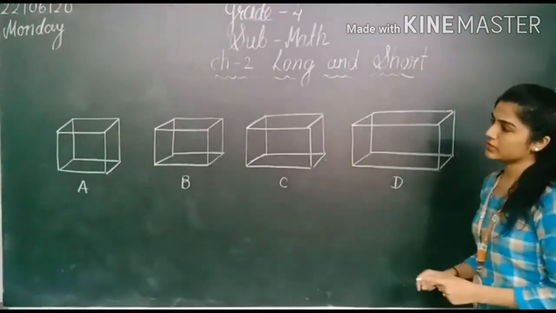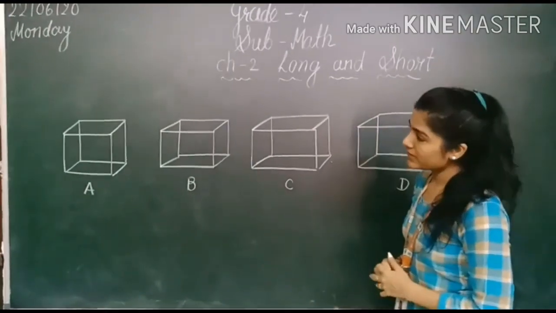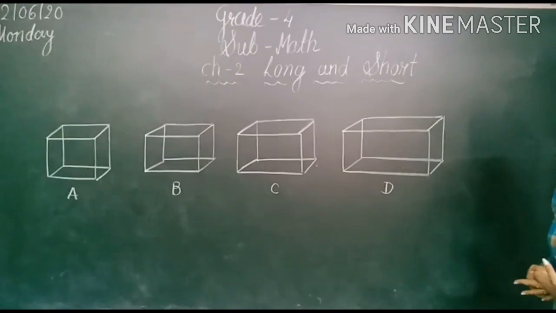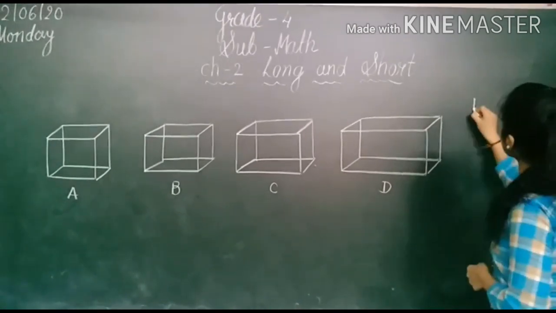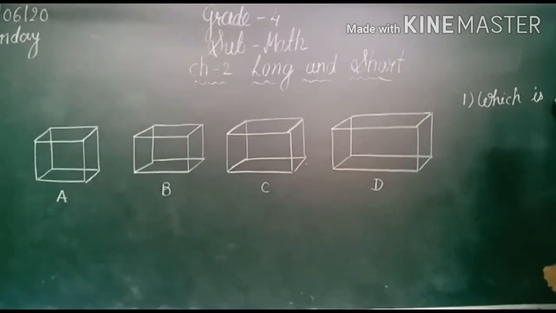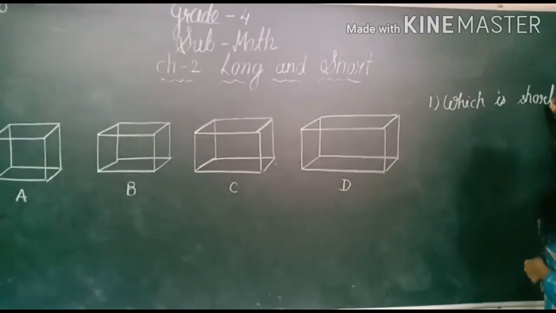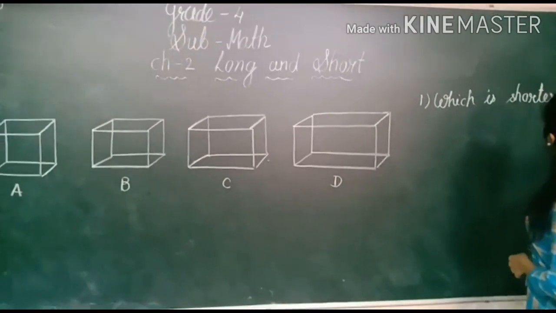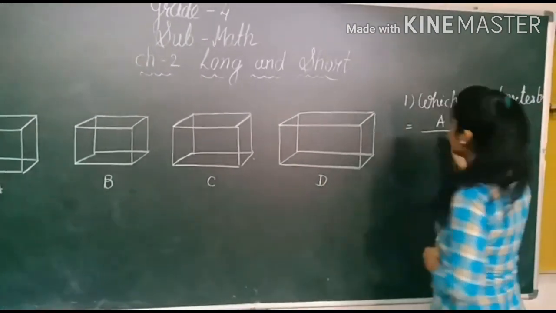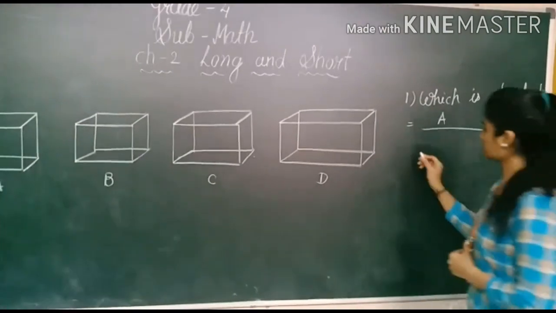Now you can observe here which is the shortest and which is the longest. From the observation we can say which is shortest: that means A is shortest.